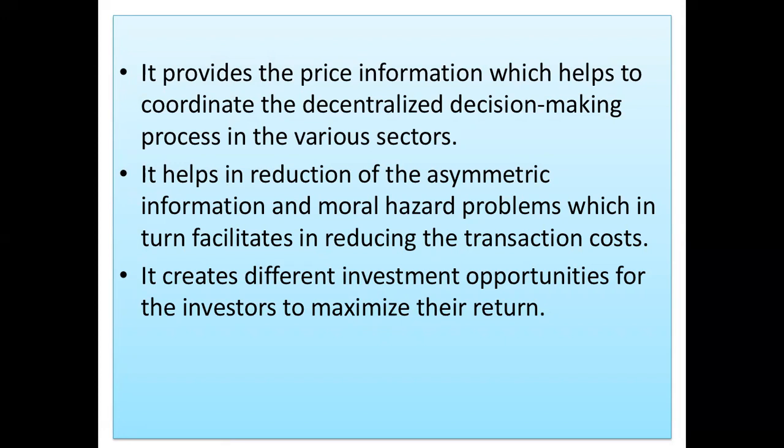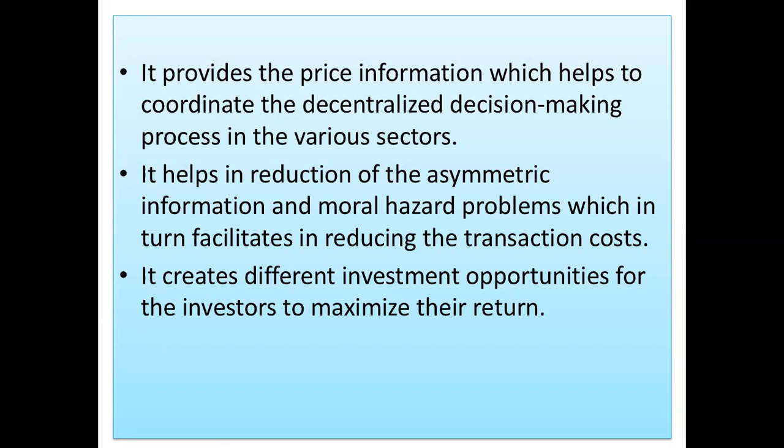Next, the financial system helps in reduction of the asymmetric information and moral hazard problems, which in turn facilitates in reducing the transaction cost. We know that information is not symmetric. Information normally appears to be very asymmetric, in the sense that somebody gets information, but somebody does not get any information.